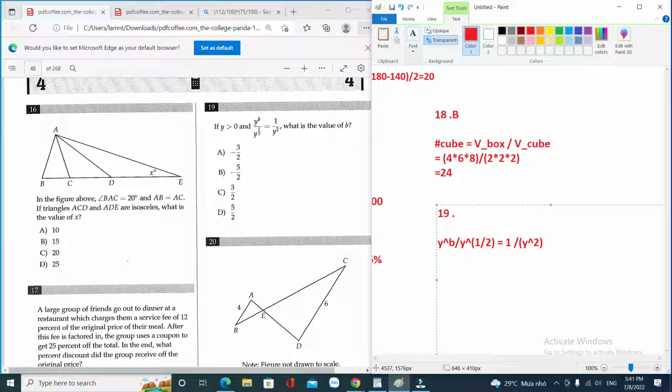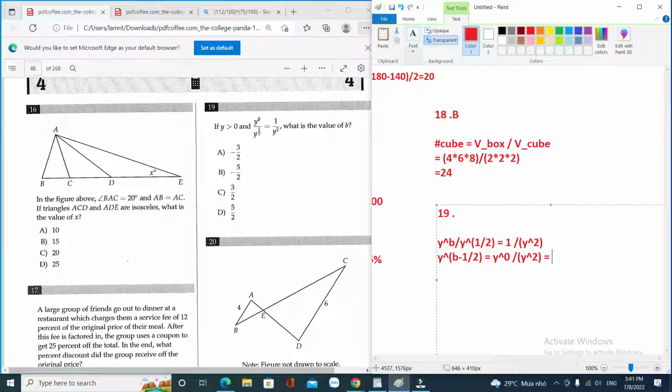So that's y to the power of b minus 1/2, and that's equal to y to the power of 0, because 1 is y to the power of 0, divided by y to the power of 2.